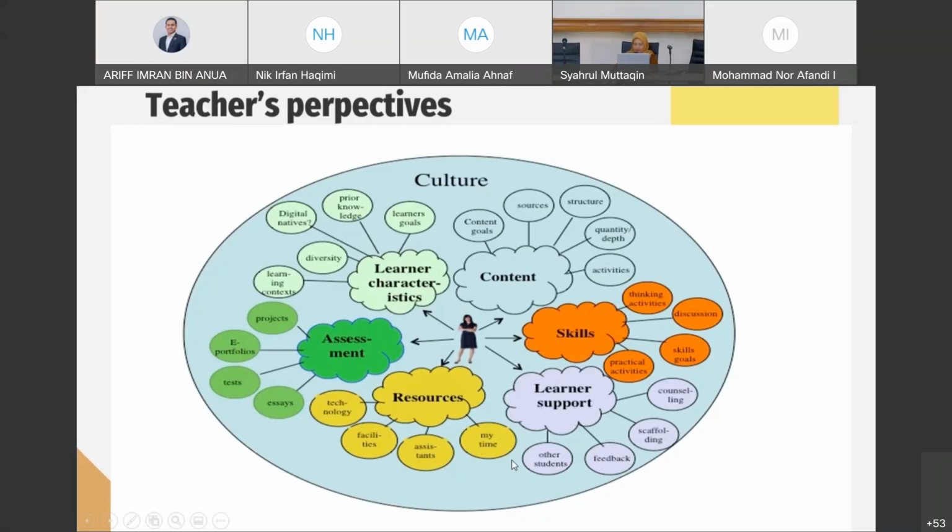And then from resources, the teacher will also think about the technology, the facilities, the assistance, and a teacher will also need her time, right? And then in terms of assessment, a teacher will select which kind of assessment will best assess the students' performances.